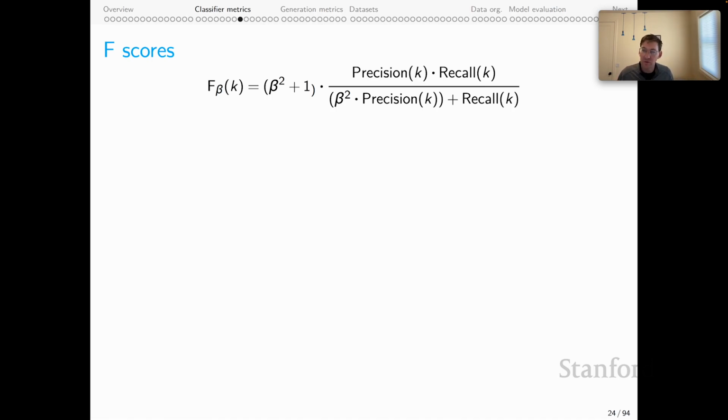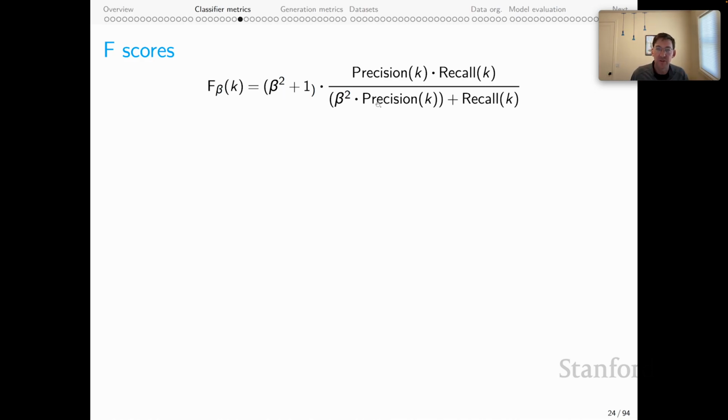Usually F1 scores, but we can in principle have this weight beta, which will control the degree to which we favor precision and recall. And again, no need to go on autopilot. There are scenarios where precision is important and scenarios where recall is important, and you could use beta to align your metrics with those high-level values that you have.